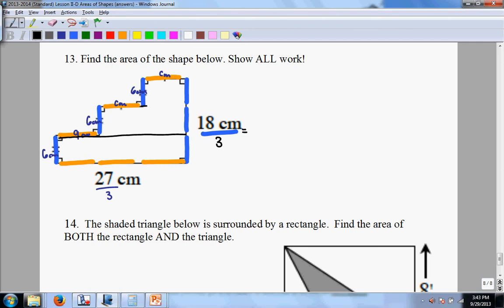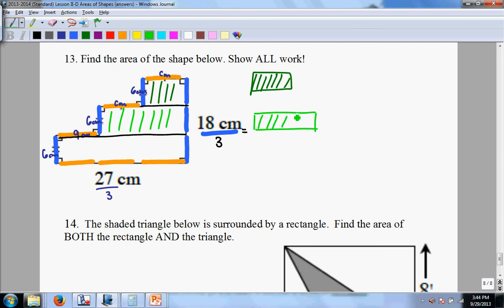That would be rectangle 1, rectangle 2, and then we have rectangle 3. So you have the area of each rectangle, and you can simply add it up.